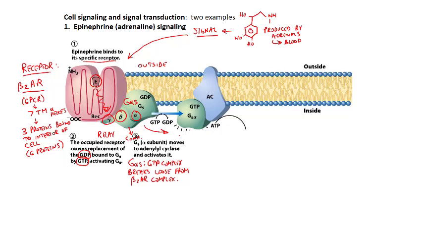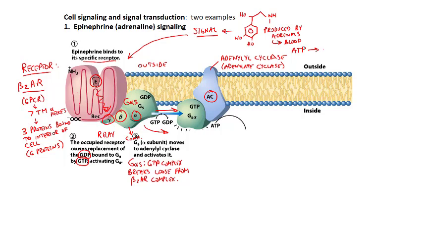So what happens next? So the G alpha S protein, after it breaks away from the GPCR complex, binds to this other enzyme which is embedded in the membrane. Its name is adenylyl cyclase, or some textbooks call it adenylate cyclase, which is not strictly correct. Adenylyl cyclase is the official name, but you can just call it AC and everything is just fine. So adenylyl cyclase is an enzyme, and what it does is it catalyzes this reaction.